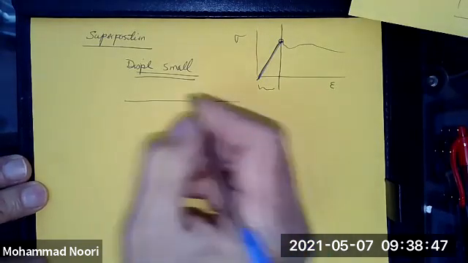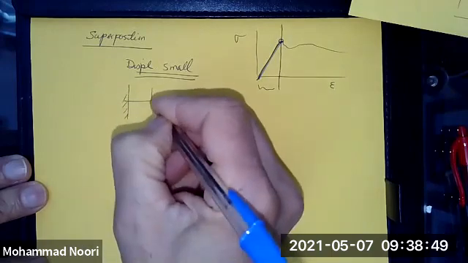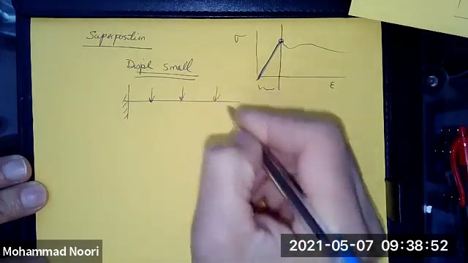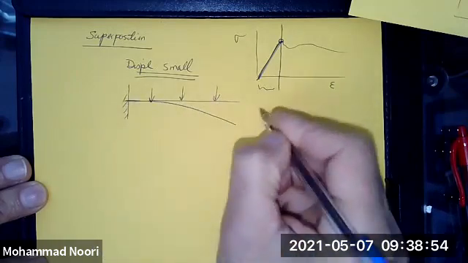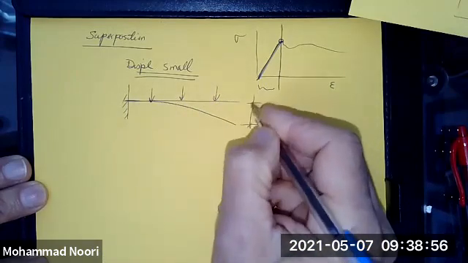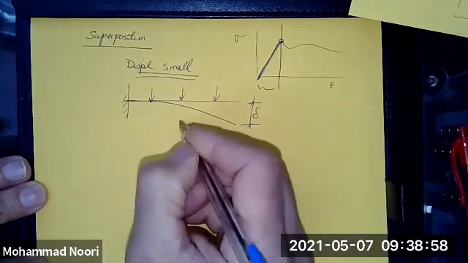Meaning that if you have, let's say, a cantilever beam subjected to three forces, and you want to find the displacement at the tip of this beam, what do you do?